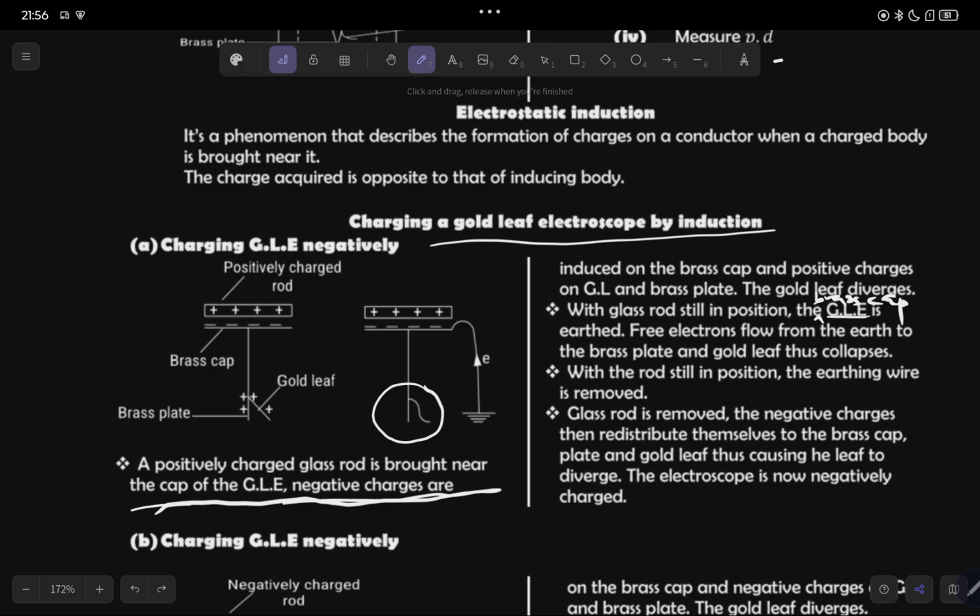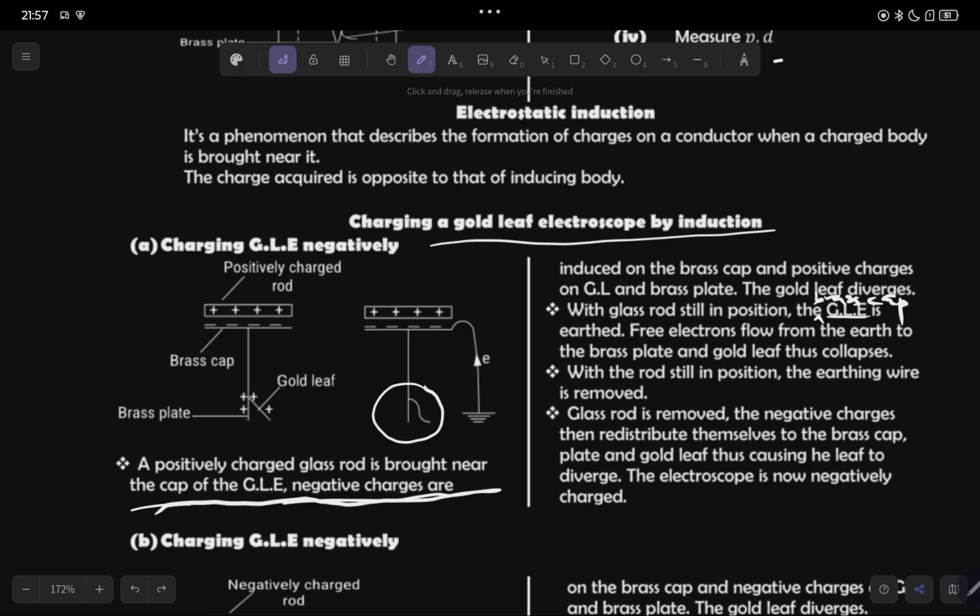Now, this comes from one major and key observation, which is that positive charges are massive and they don't move carrying charge. So they are not charge carriers. It is electrons, which are light, that move freely, and these are what we call charge carriers.